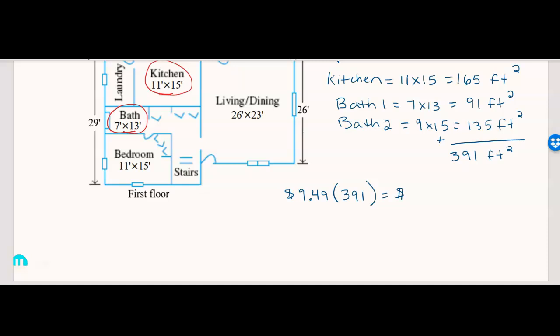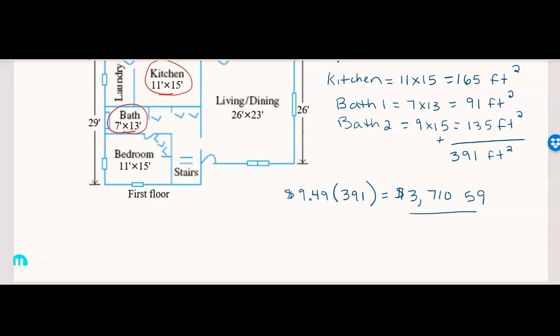And this is going to give us the total cost that it will cost her to tile those particular rooms. And that would be $3,710.59.